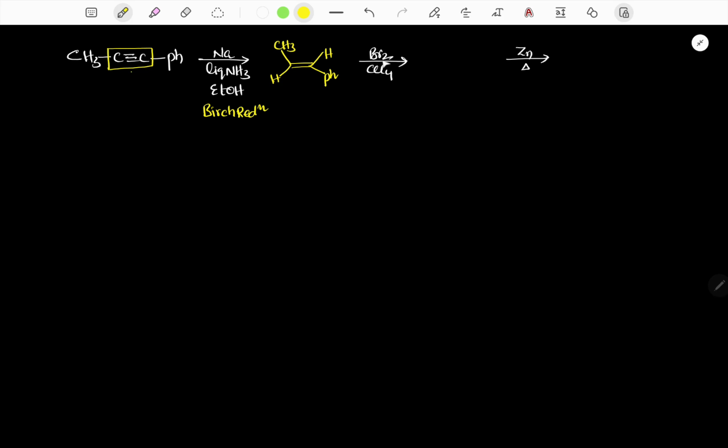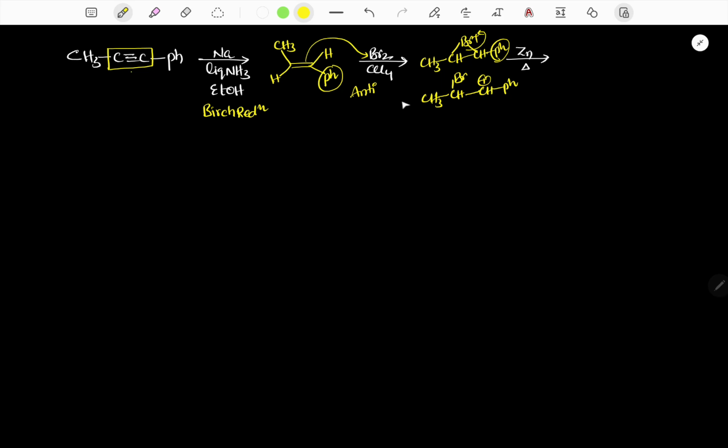When the trans alkene is treated with Br2, anti-addition is possible, but a +R group is there. Therefore the alkene reacts with Br2, and even though it forms an initial 3-membered ring, because of +R, ring opening takes place. So the corresponding carbocation is formed.